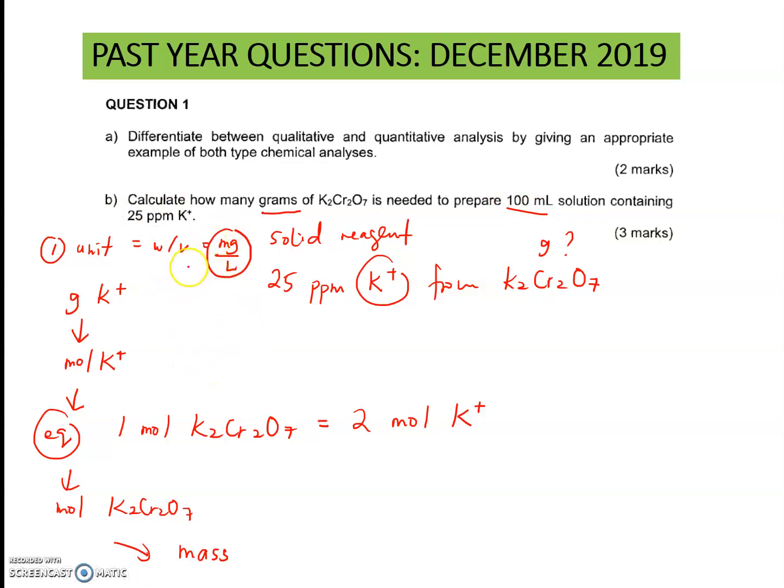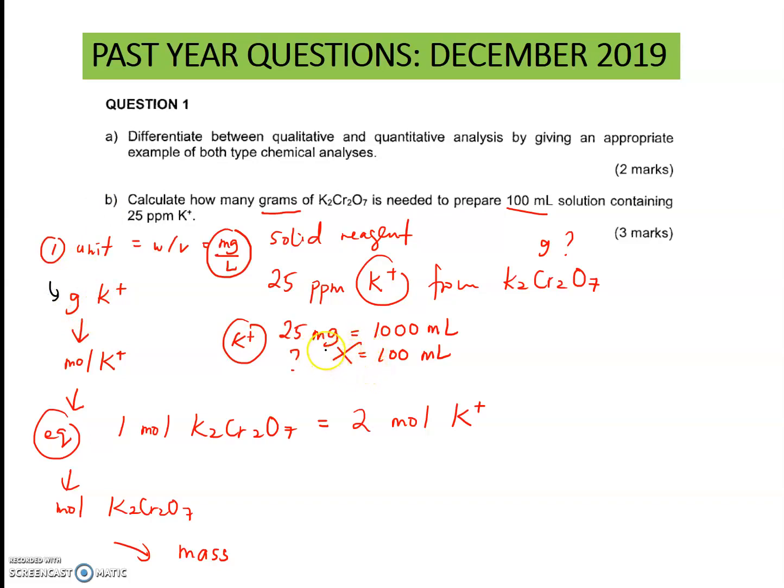So find the gram of potassium. You do the comparison. In milligram, 25 milligram in 1 liter or 1000 ml. So if 100 ml, how many milligram of potassium? We want to find gram potassium.